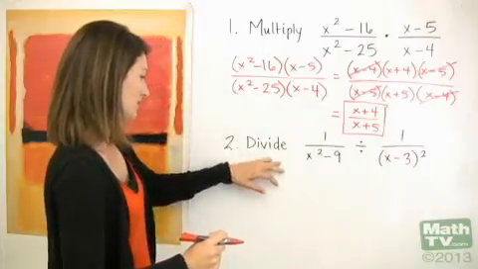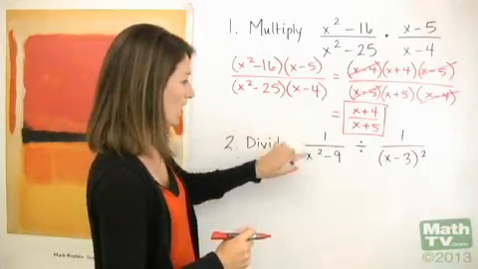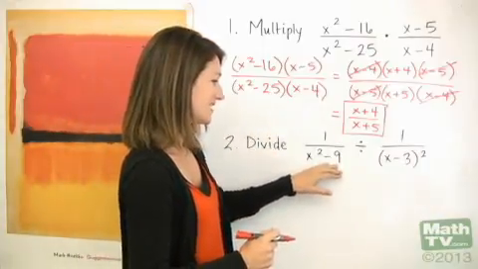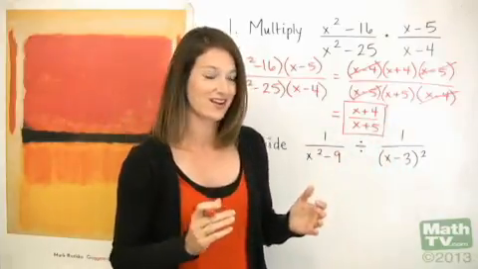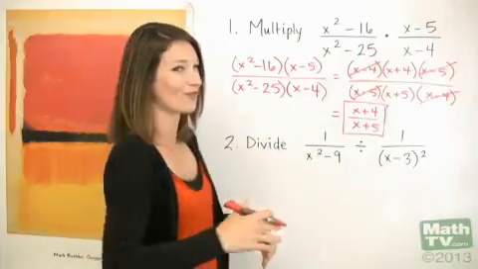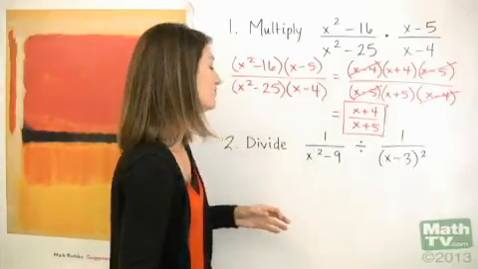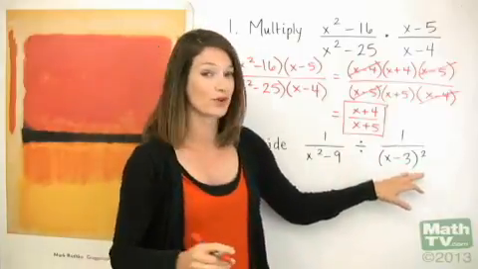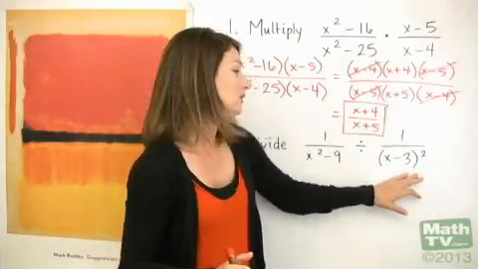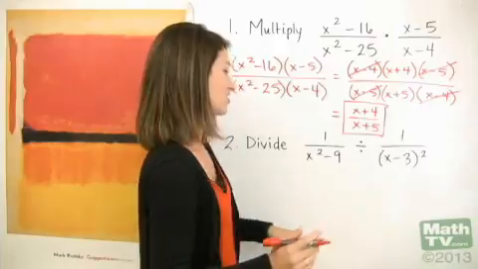Now for division, we're asked to divide 1 over x squared minus 9 and 1 over x minus 3 squared. When we work with division of rational expressions, we're asked to find the product of the first expression and the reciprocal of the second expression, which means that we're going to flip this fraction.